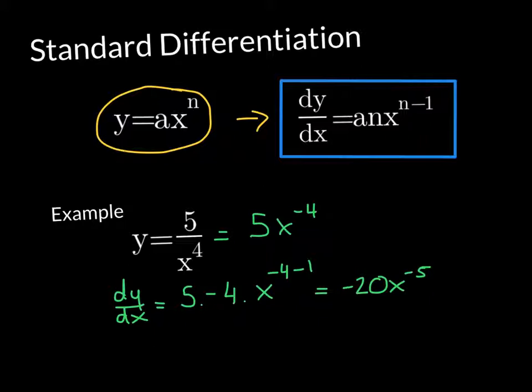Okay. What we do want to do here is present our answers with a positive power of x. So essentially we have to take that x function back down to the bottom line. So the answer should be written as minus 20 divided by x to the power of 5. Okay, so that's the final answer for that example.